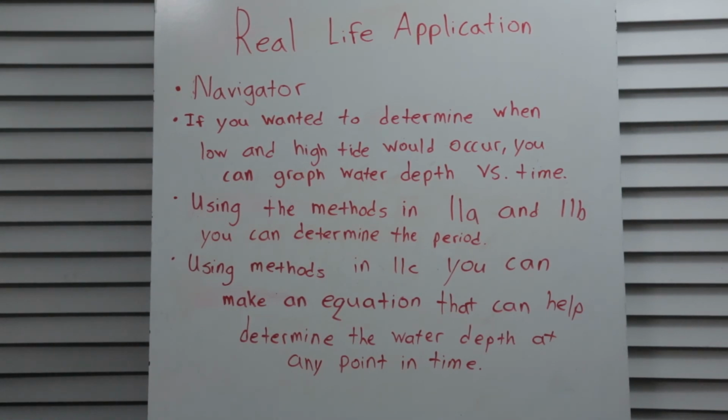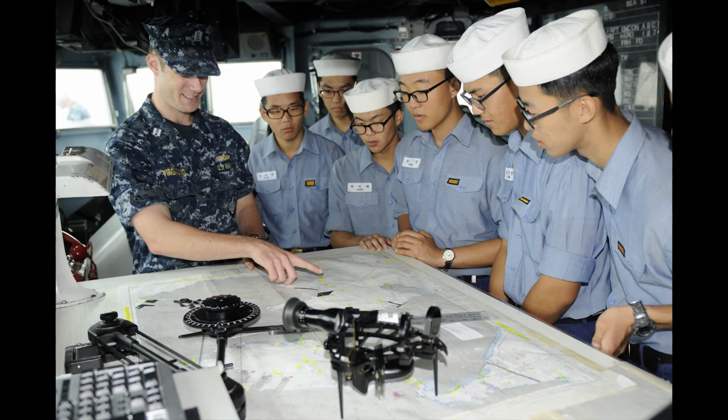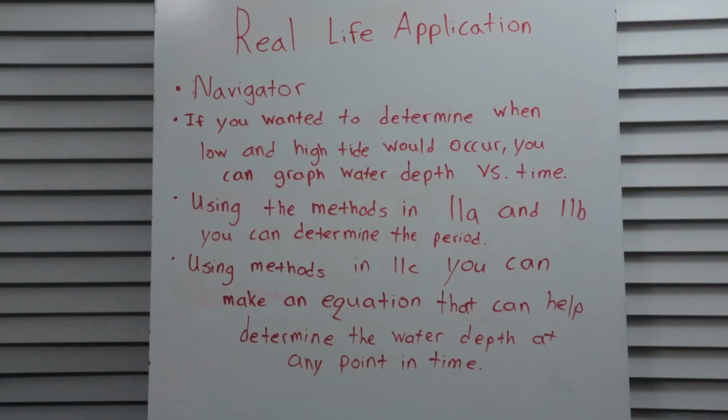Real life application. This is just one example of where you might encounter a problem like question 11. Say you're a navigator and you wanted to determine when low and high tide would occur, you can graph water depth versus time. The reason why you'd want to do this is, say your ship can only leave harbor during low tide. So using the methods in 11A and 11B, you can determine the period.